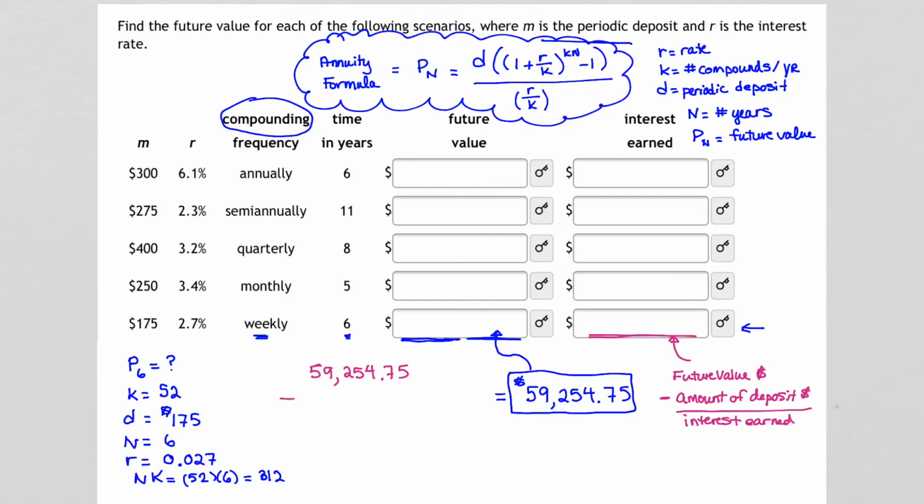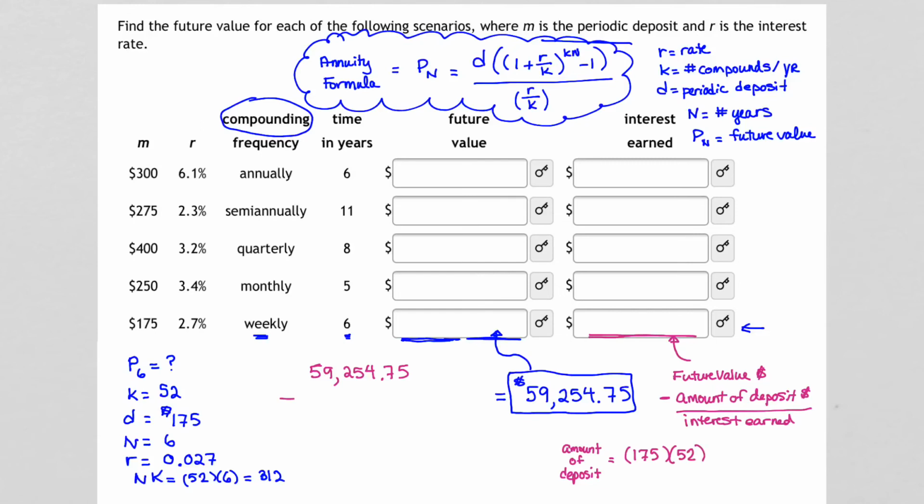Our amount of deposit is equal to the amount that we deposit each time, which is $175, but we put that in every week, which means 52 times a year.